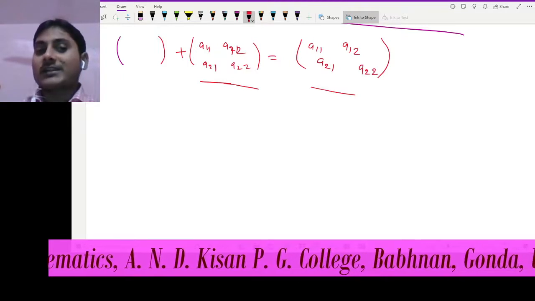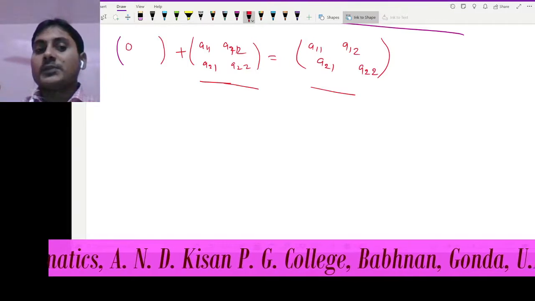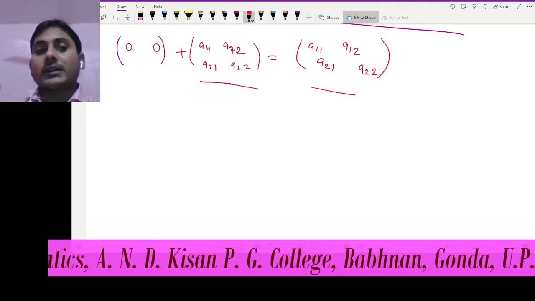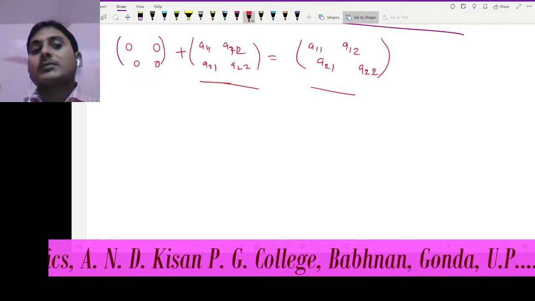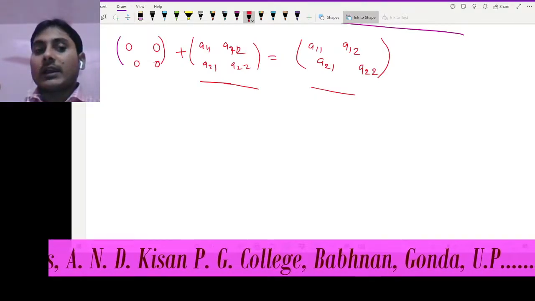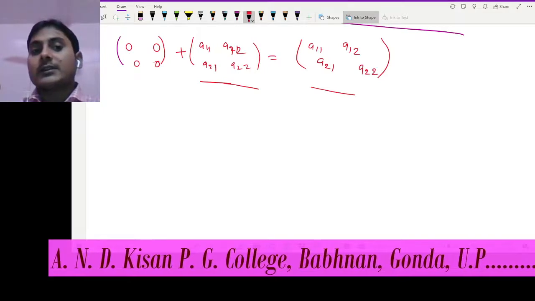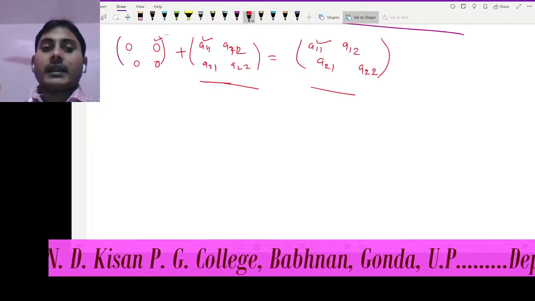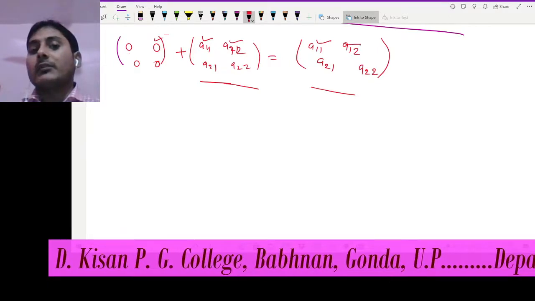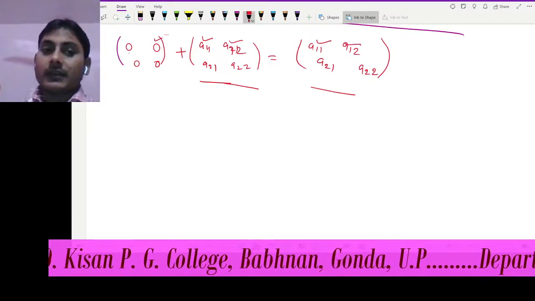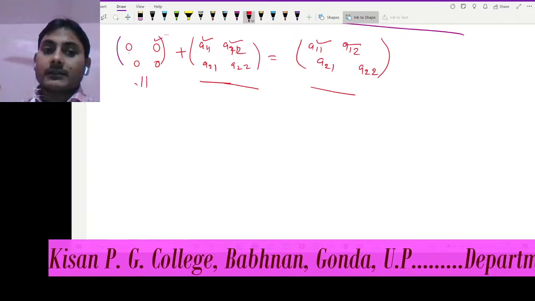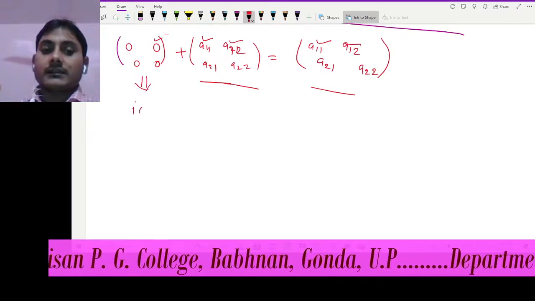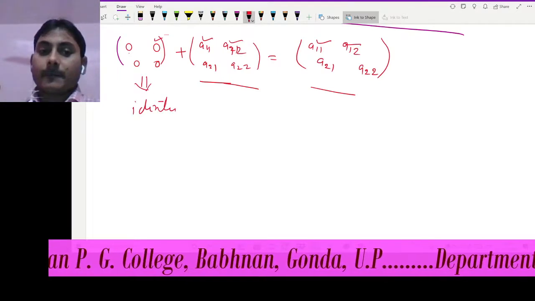The obvious choice is 0 here, 0 here, 0 here, as well as 0 here. Because if you add this 0 with A11, you will get A11, and this 0 with A12, you will get A12. So similarly, you can say that this particular thing is the identity.